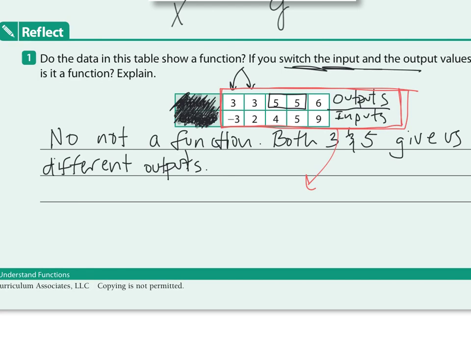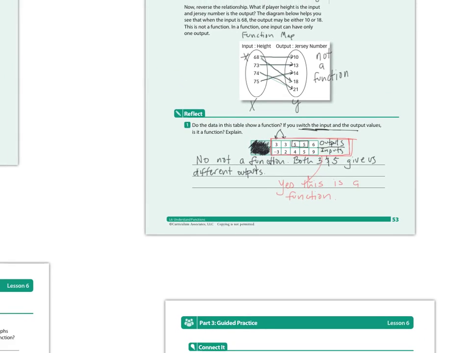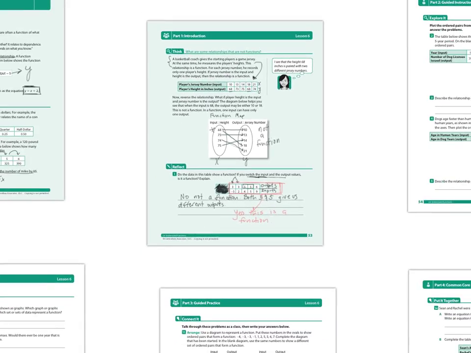So let's just say yes, this is a function. Again, you just have to look at your inputs and outputs. If none of your inputs are repeating, then absolutely we will have a function.